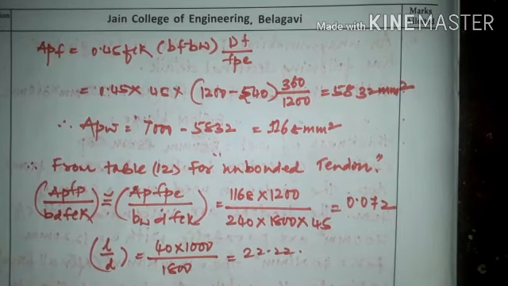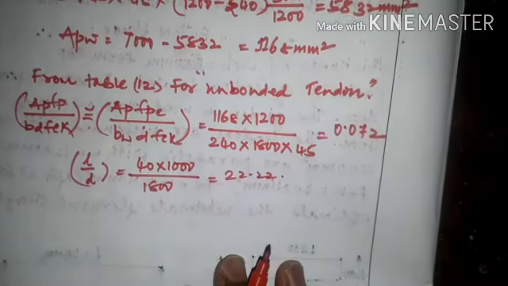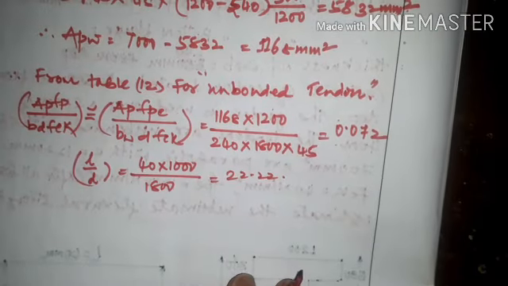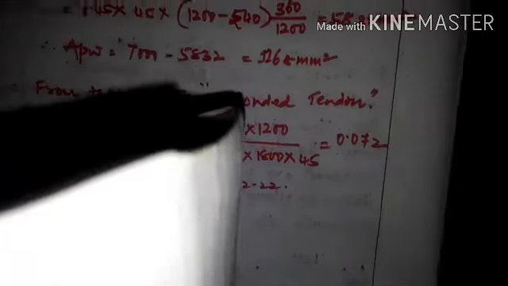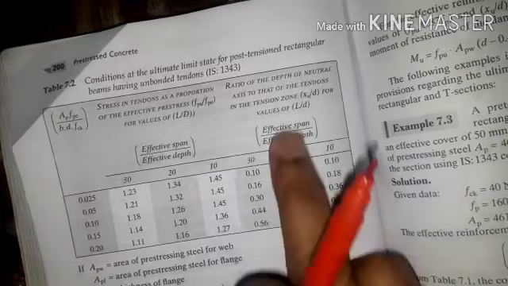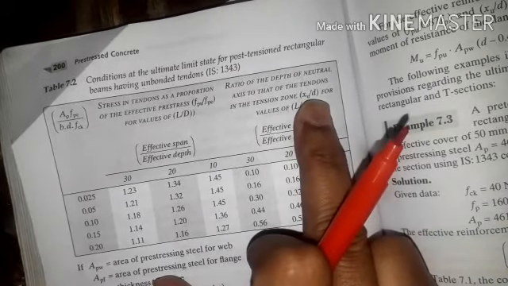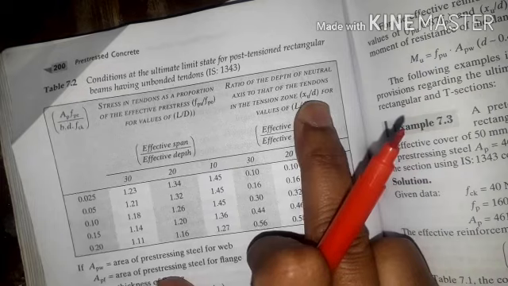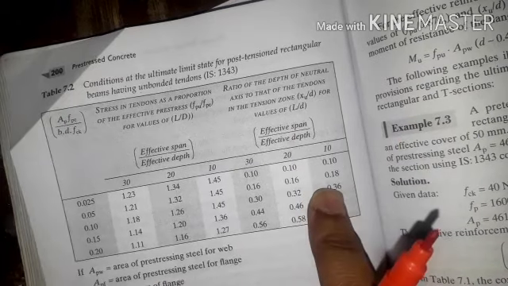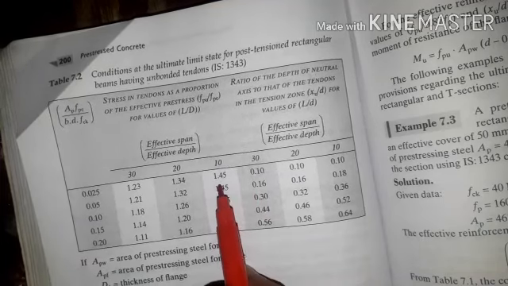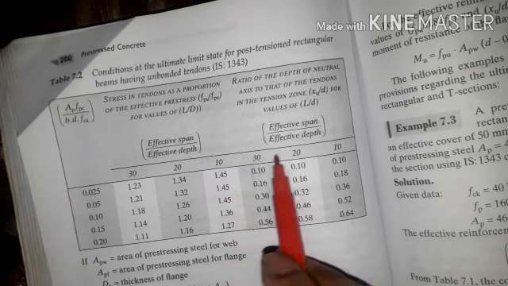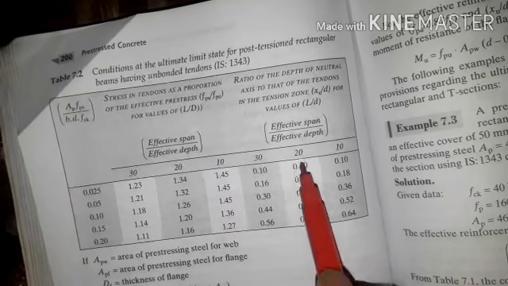So these two ratios, you have to go back to the table. I will just show you how. If you refer to the table here, first of all you have to calculate the value of XU by D to check our assumption. Our L by D ratio is again within 20 and 30, so we have to interpolate two times here.